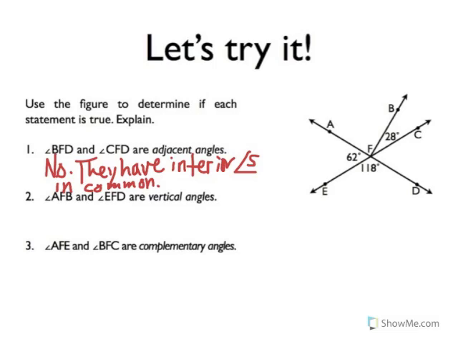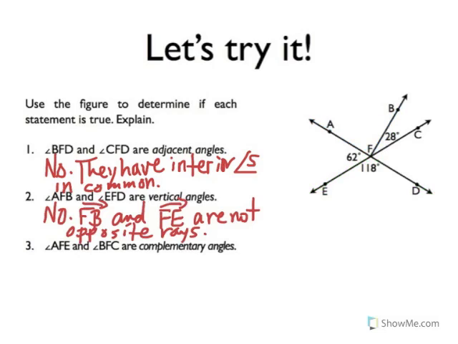Next, are angles AFB and EFD vertical angles? Well, ray FA and ray FD are opposite rays. However, ray FB and ray FE are not opposite rays.